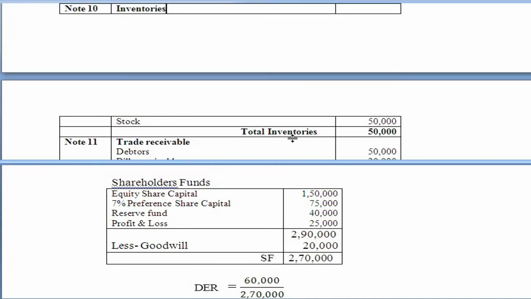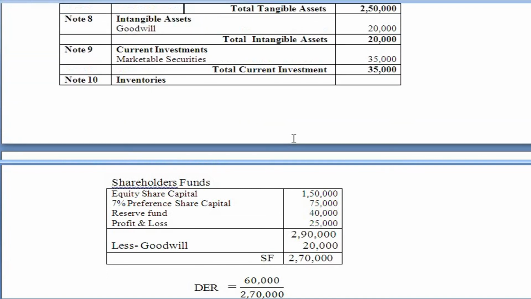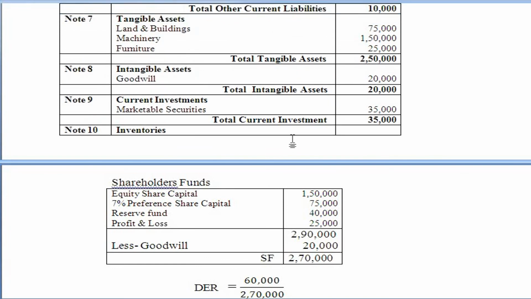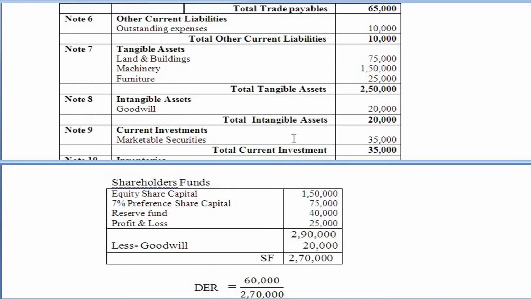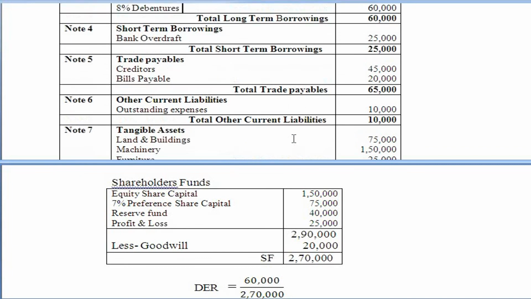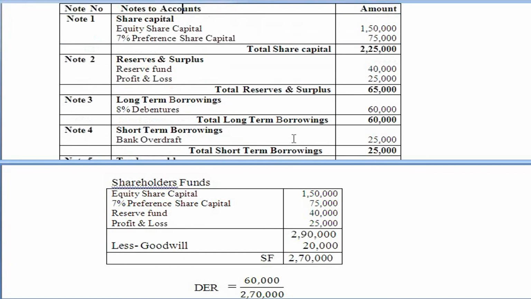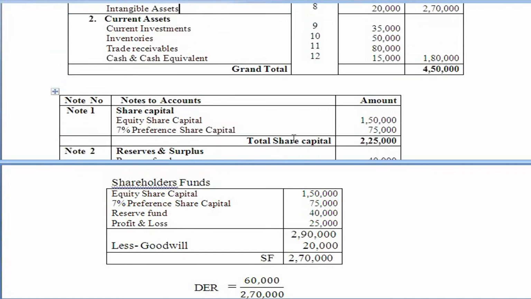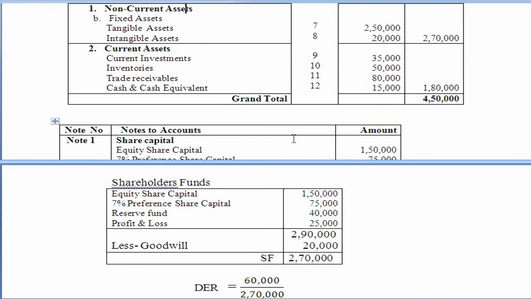In the note we will get the amount of total tangible assets. How much? 2,50,000. Or else we can take it this way: total assets how much? 4,50,000 minus current asset. Any which ways we can take.